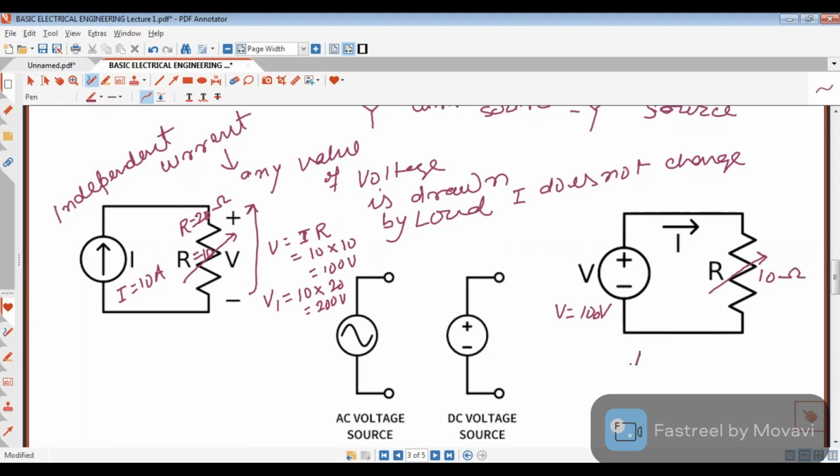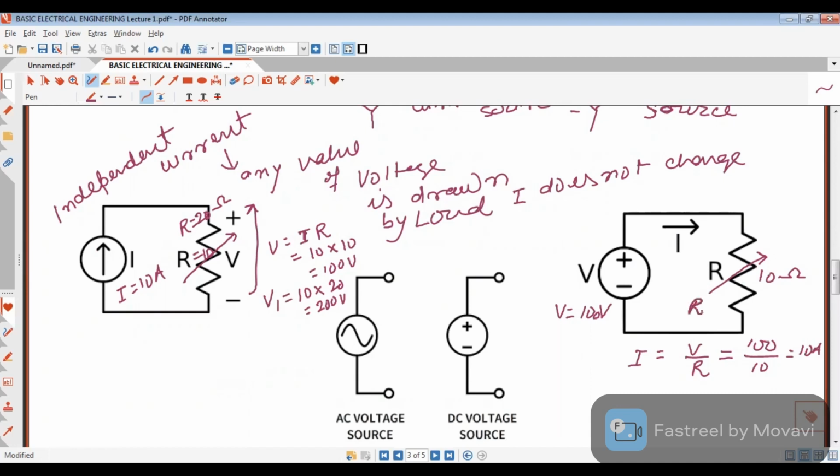So what will be the value of current from Ohm's law? I equal to V by R. So V is here 100 and resistance is 10, so it will be 10 ampere. So current is 10 ampere if resistance is 10 ohm.